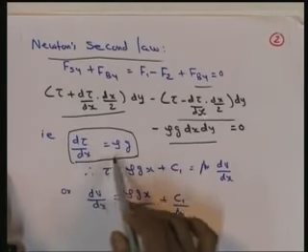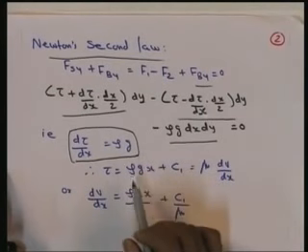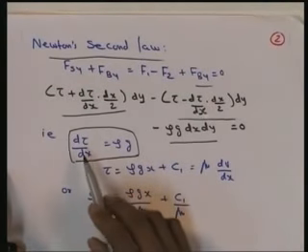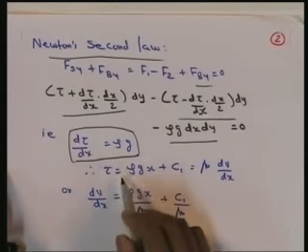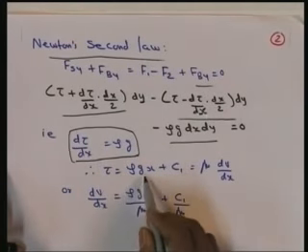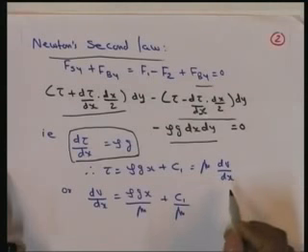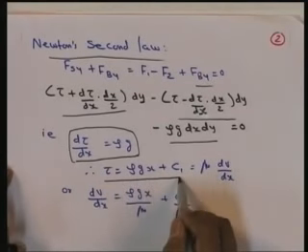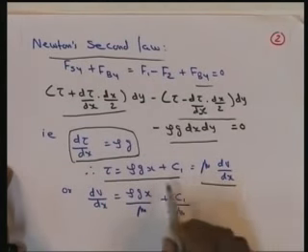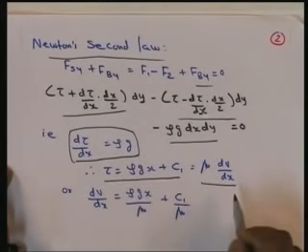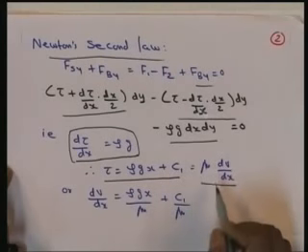So, d tau by dx is equal to rho into g, and now we can integrate this. Once we integrate, tau is equal to rho g x plus c 1, that is after integration, and that we can equate to tau is mu into dv by dx for this particular case, Newton's law of viscosity.